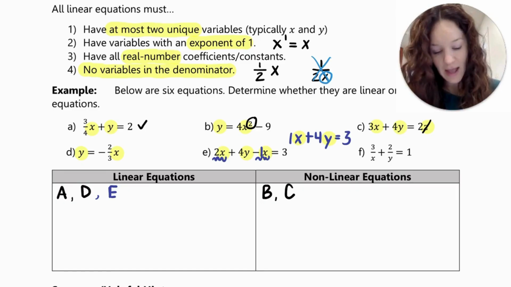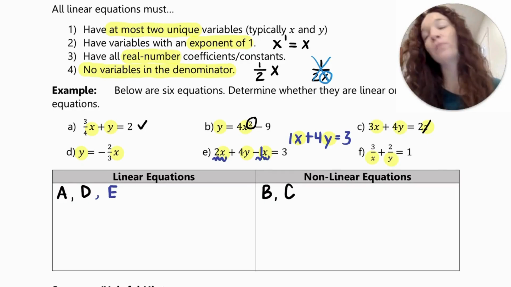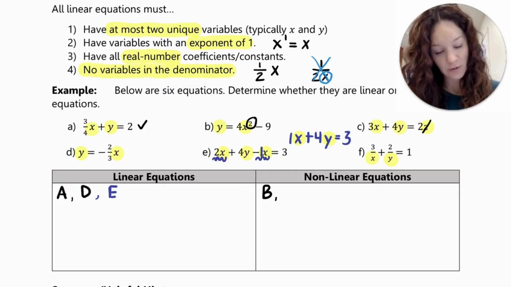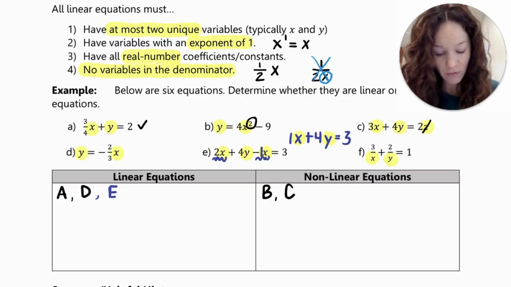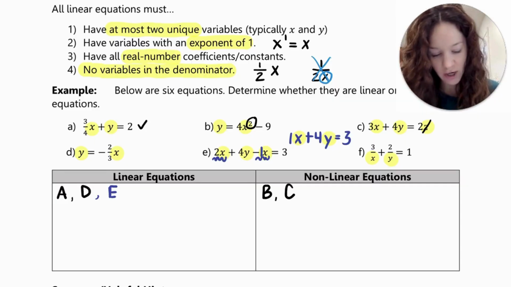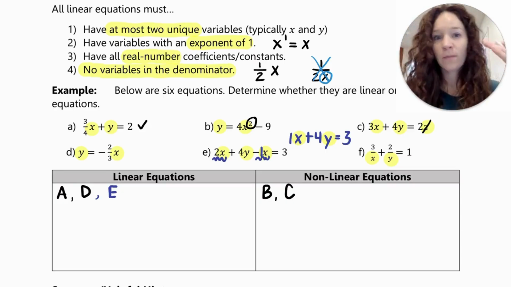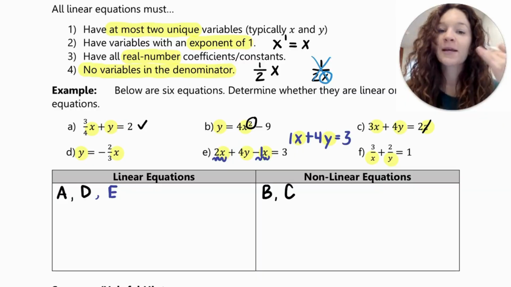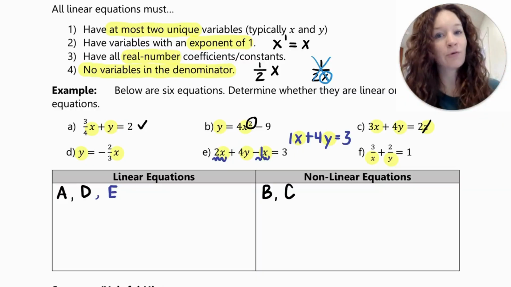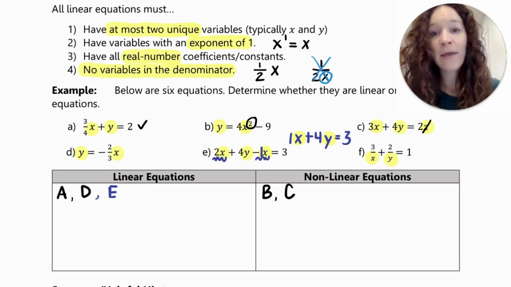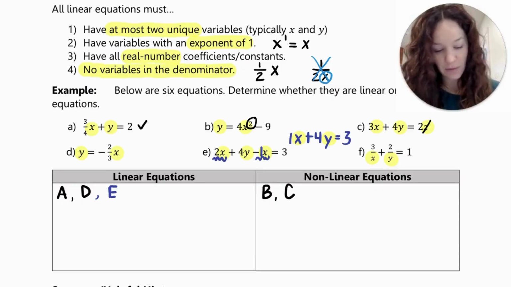Cool. And last but not least, letter F, we have 3 over x plus 2 over y equals 1. Right off the bat, hopefully you see, okay, well, we have a fraction and those variables are in the denominator of the fraction. If they were in the numerator, no big deal, but they cannot be in the denominator. That makes it rational, something you're going to learn about way, way, way beyond this course in your math journey.